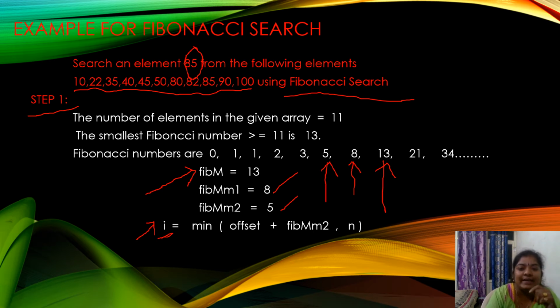The formula for the index is to calculate the minimum value of offset plus the second previous Fibonacci number, with the number of elements. So this is the formula for calculation of the index.